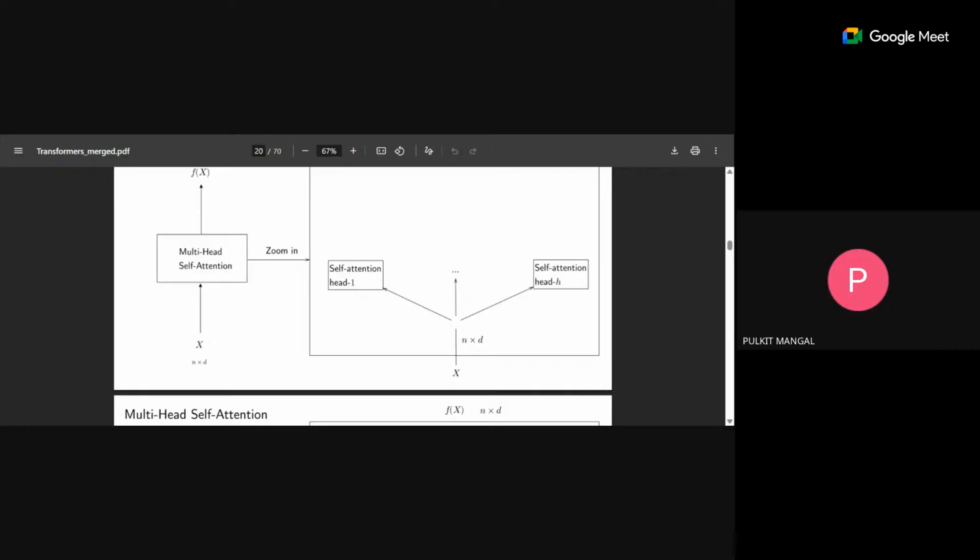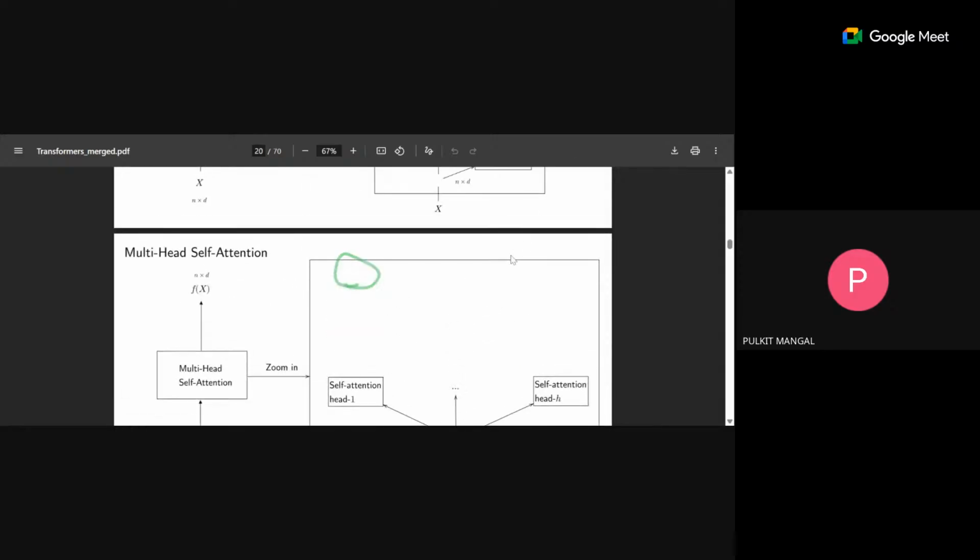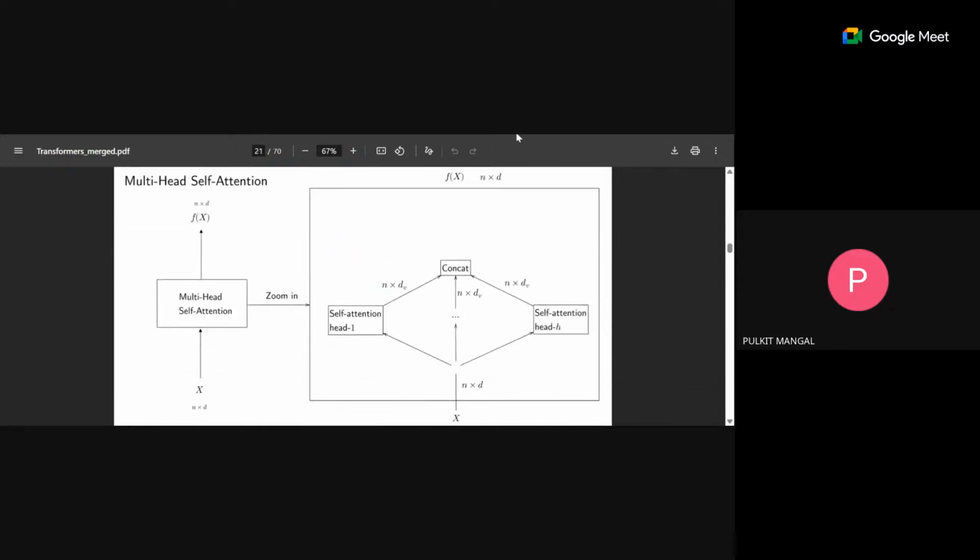I think that comes out to 32. So that will be the output dimension for each of these attention heads, which is mentioned here as dv. They just divided it by the number of heads, and that was the dimension they kept for dv.